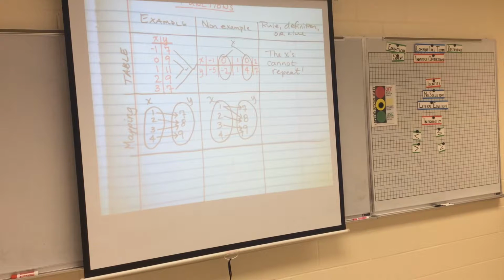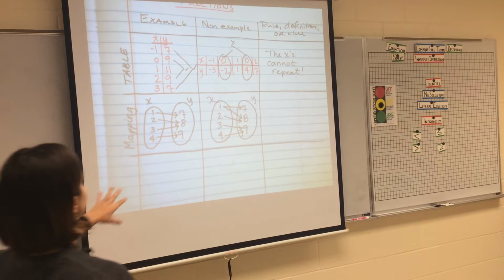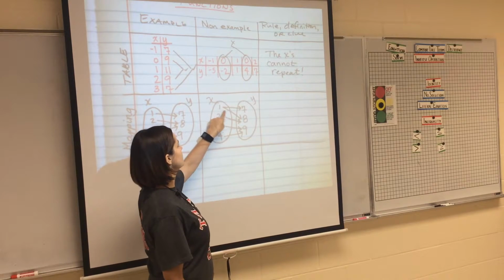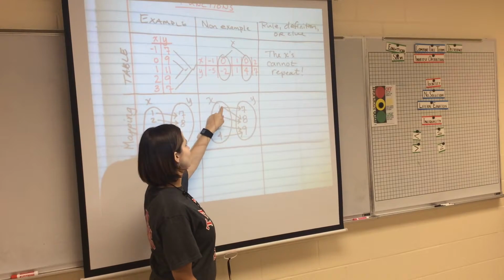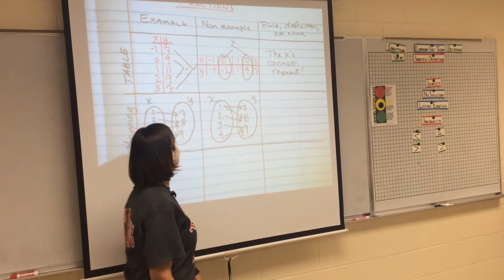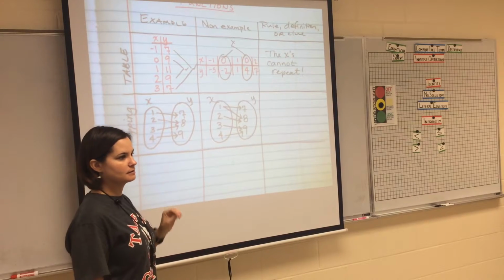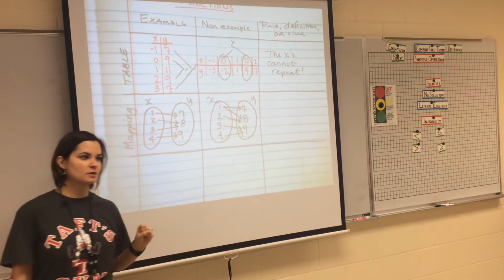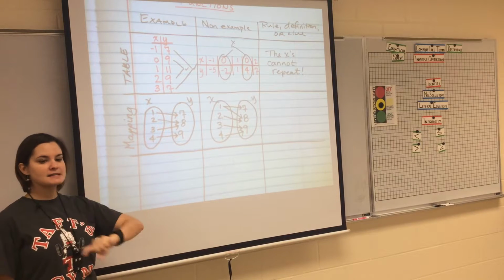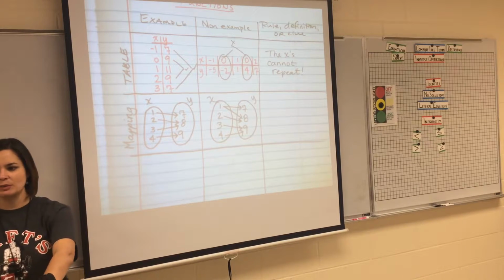What's wrong? The x's can't repeat. So right here, this 1 has 2 different y values. It goes to 7 and it goes to 8. But here I've got this y value has 2 different x values. Is that okay? Sorry, the x's cannot have more than one y value.